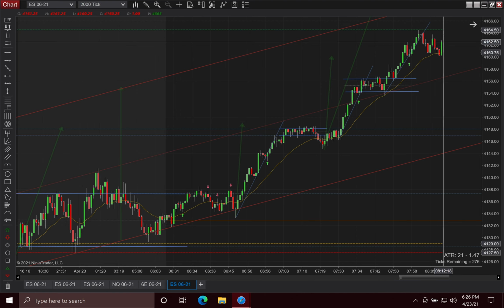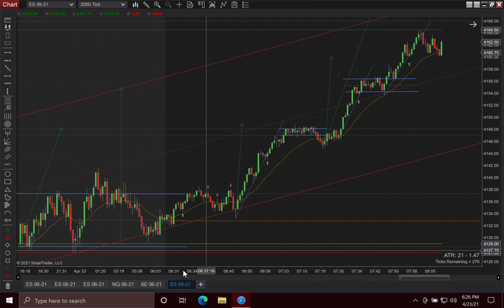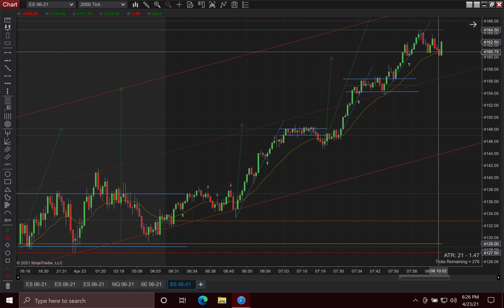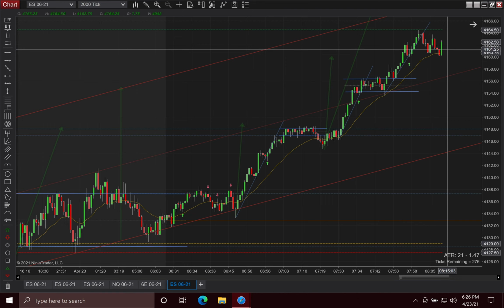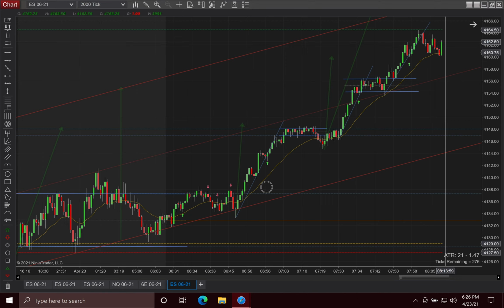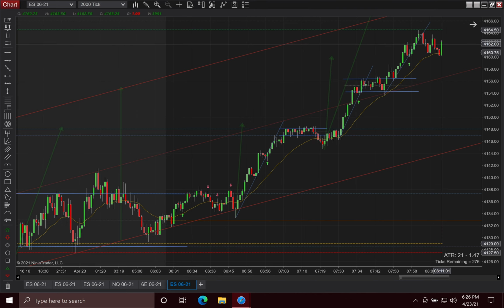Again, when you get this super strong bull bar in a super strong bull market, sometimes it's worth buying, especially if it's a second entry long, first entry, second entry, and you get this super strong bull close. In these situations, sometimes you just put your limit order a tick above that bar right there, or you put your limit order on the close or maybe a tick back.